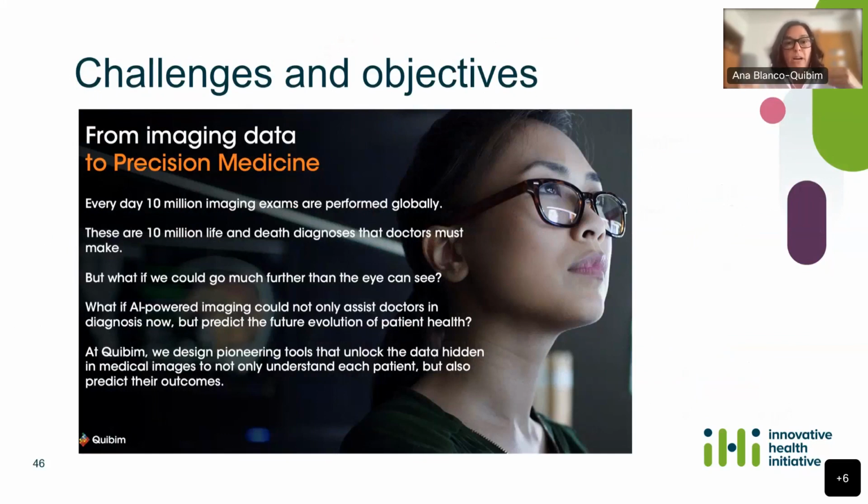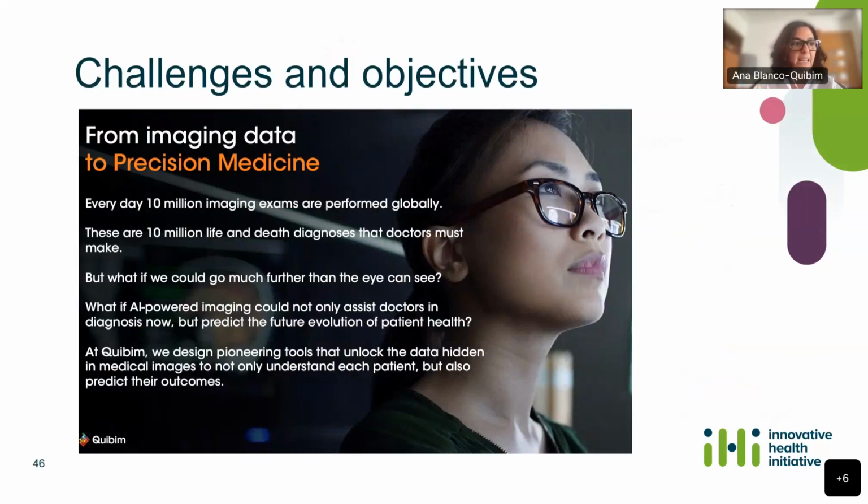We automatically extract biomarkers from medical imaging, and we use AI-powered imaging models that could not only assist doctors in diagnosis now, but predict the future evolution of patient health. In our company, we design pioneering tools based on artificial intelligence that unlock the data hidden in medical imaging, not only to understand each patient, but also to predict their outcomes. And we also want to do this with theranostics.